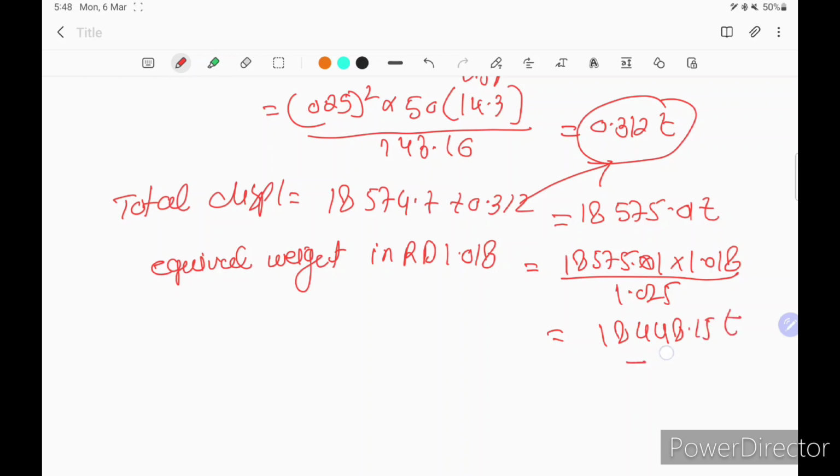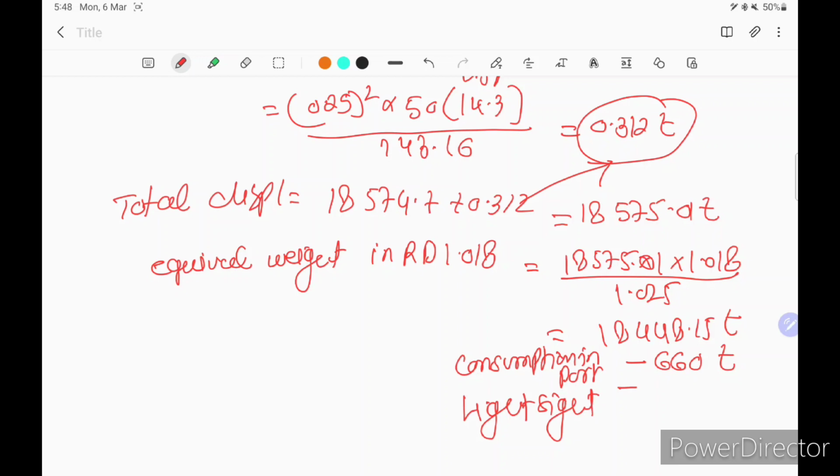Now whatever consumption we added, whatever we received. This is light ship. This is consumption in port. Light ship you will get in this ship's particulars in condition number 1. So our light ship is 5499.8 tons.